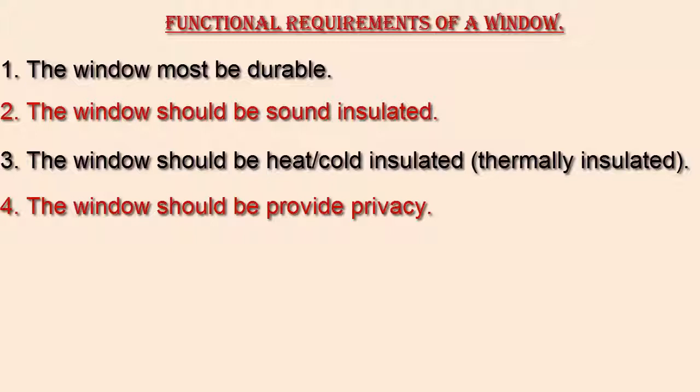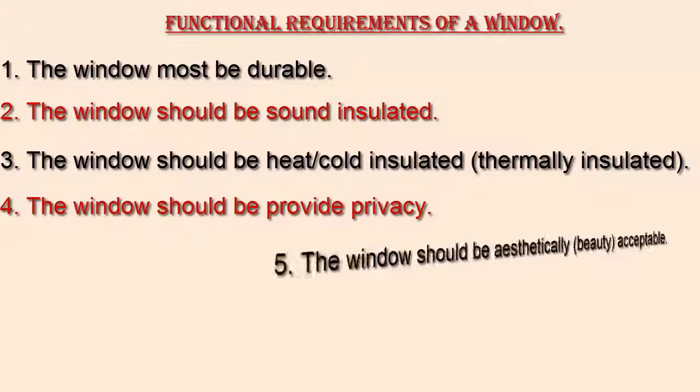When people are outside, they should not be able to see you. It is you that is supposed to be seeing them, not them seeing you. So a good window should be able to provide privacy. In an ordinary home, you, your wife and your children may want to have a meeting, to discuss an issue. The window should provide that privacy for you.